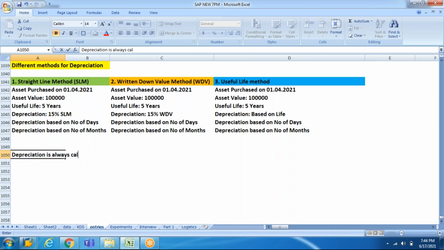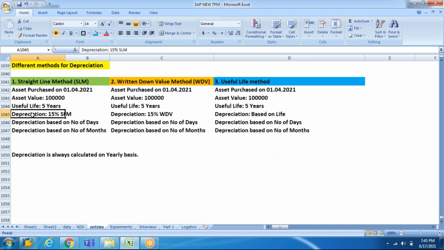Depreciation is always calculated on a yearly basis. Okay. So we say depreciation is always calculated on a yearly or annual basis. So you will never calculate a depreciation for a month. Depreciation is always calculated for a year and then posted on a monthly basis, which means here you are getting a depreciation rate of 15%, right? This 15% is not for the month.